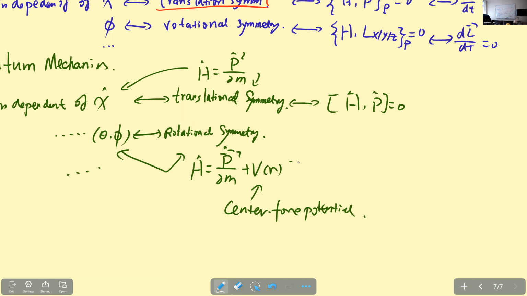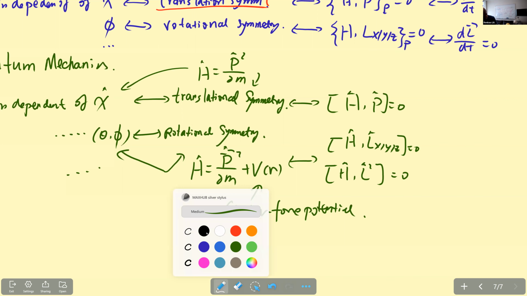And similarly, for this one, the Hamiltonian commutes with all the components, and also, of course, the angular momentum squared.